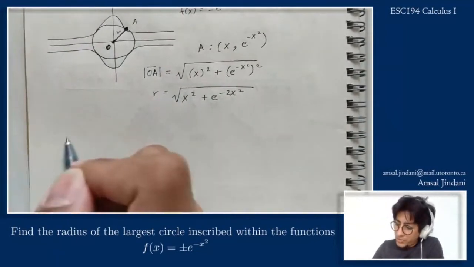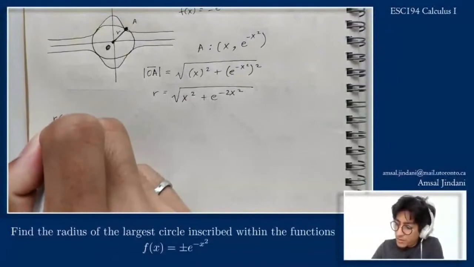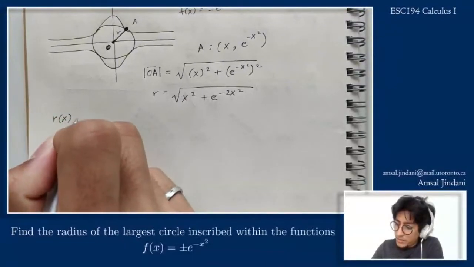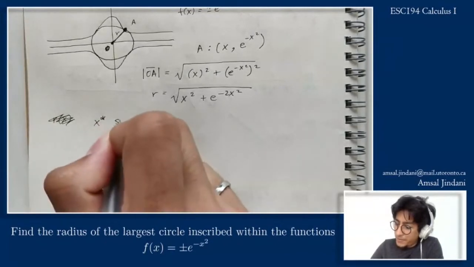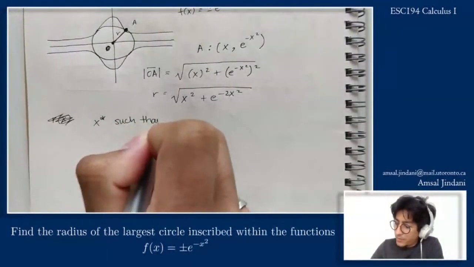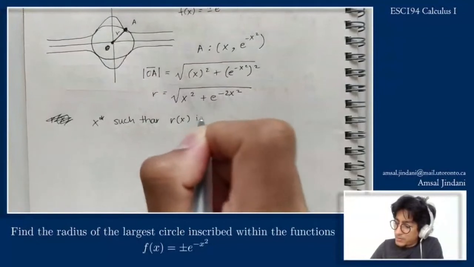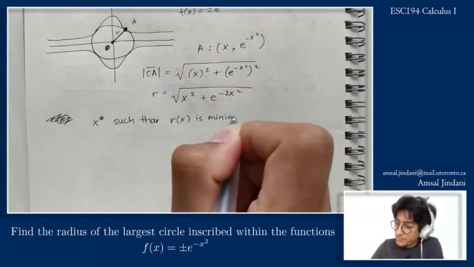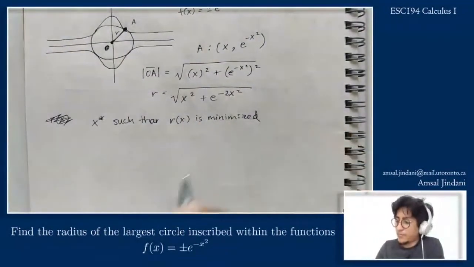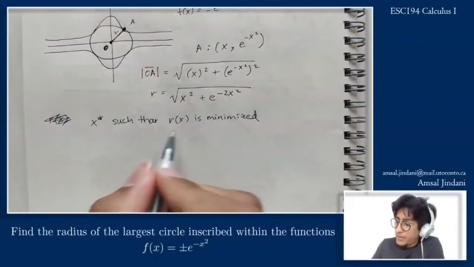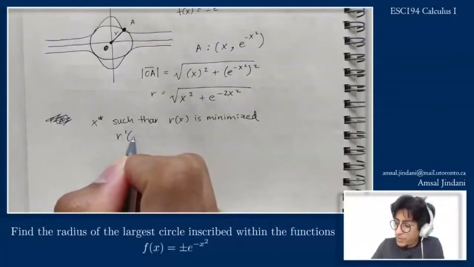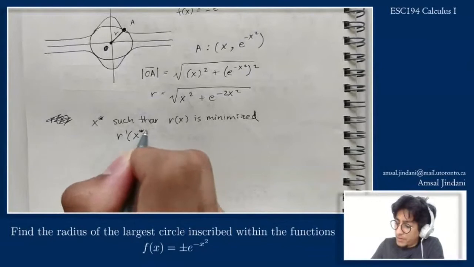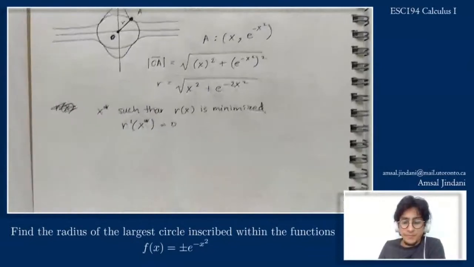So what we're trying to do is find an x star such that r is minimized. Since we're trying to find the minimum of a function, we know that the first derivative of r at the point x star has to equal 0.